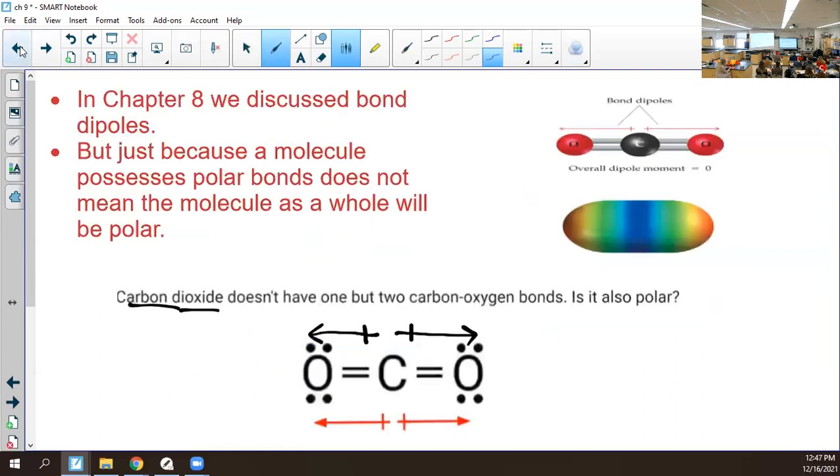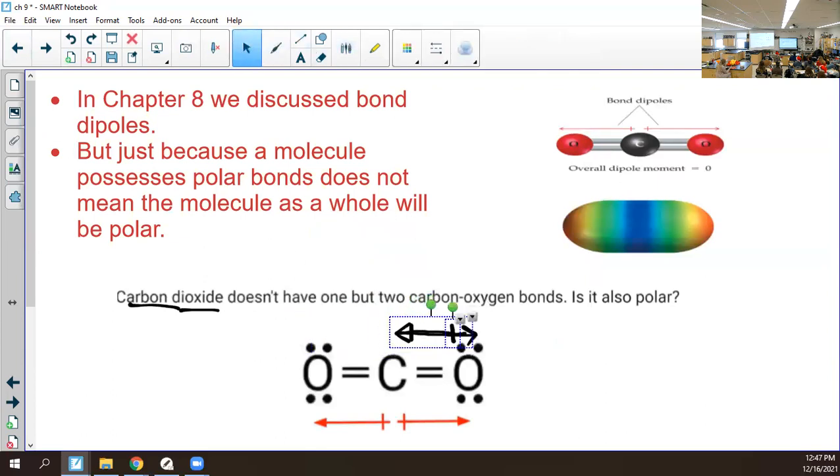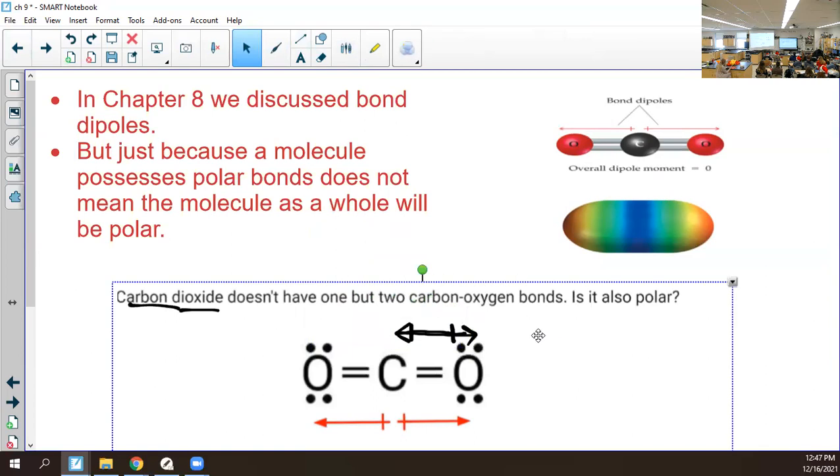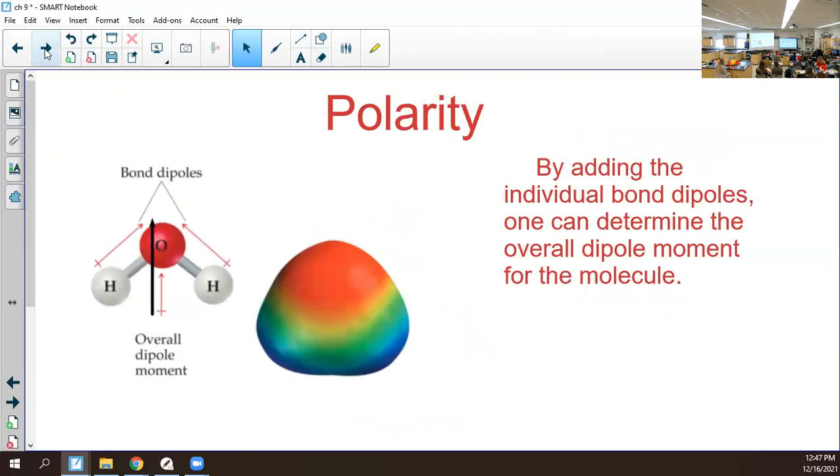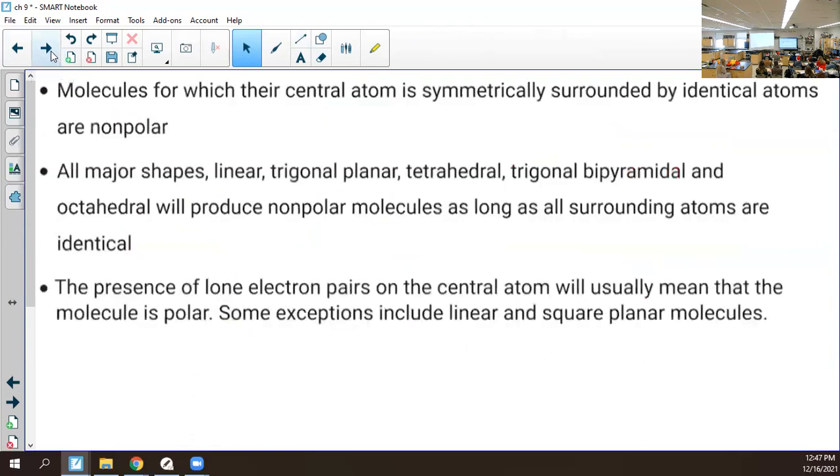So once again, if we would have added these arrows on top of each other right here, where does it go? It goes nowhere. It is the same place it started. And you don't have to draw these out like this. You just have to know, hey, if it's linear, and it's not just two atoms, it's going to be nonpolar because the poles offset. If it's bent, it's going to be polar.